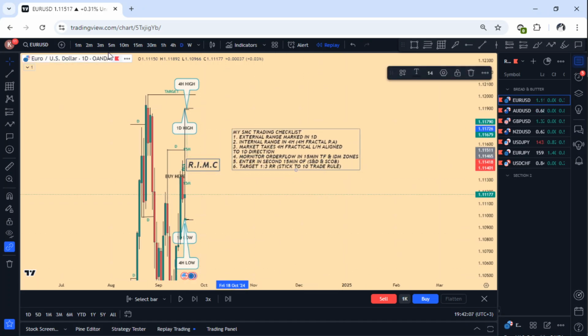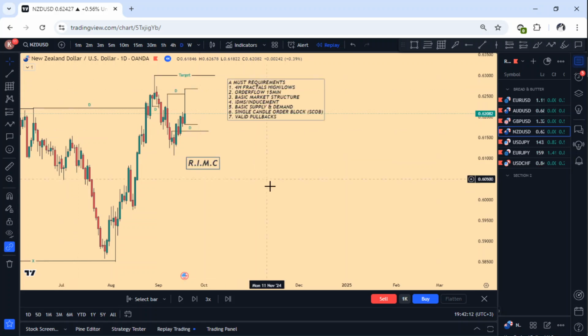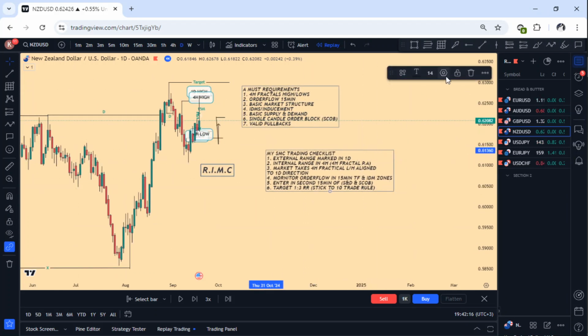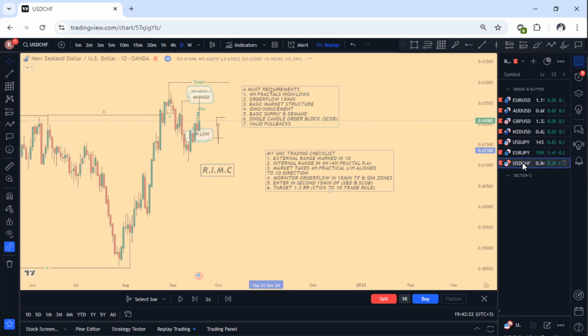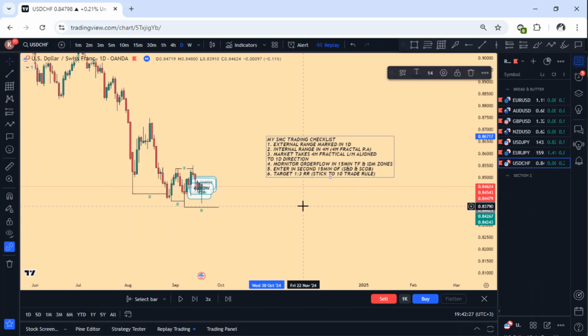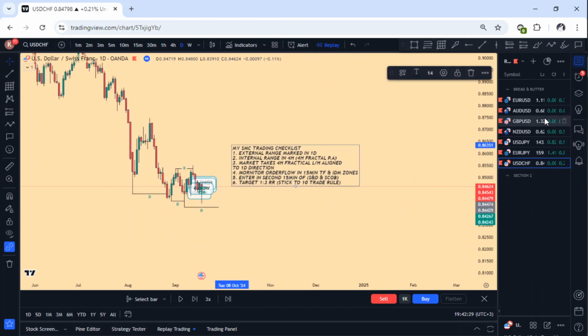So this is my trade checklist. Let's copy it and paste it somewhere here. So that is my trade checklist.